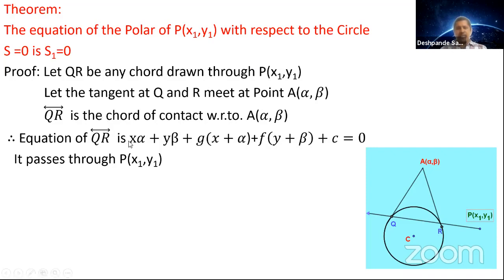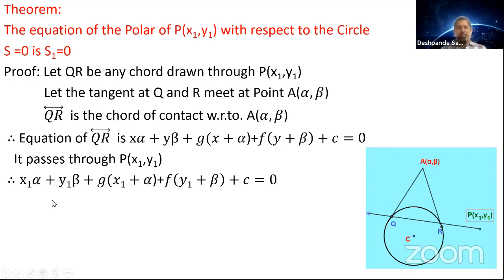You can replace x with x1 and y with y1. So what you get is x1 alpha plus y1 beta plus g times (x1 plus alpha) plus f times (y1 plus beta) plus c is equal to 0. Okay. Now, what you got is a condition here.